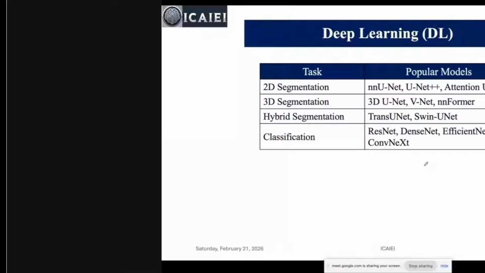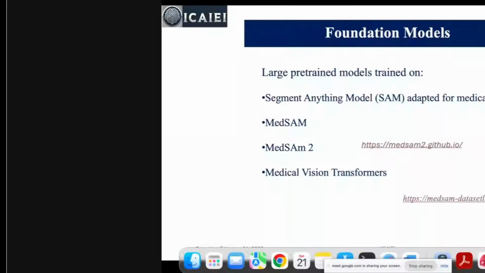For classification, ResNet and DenseNet are popular.